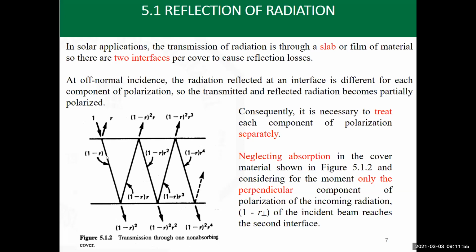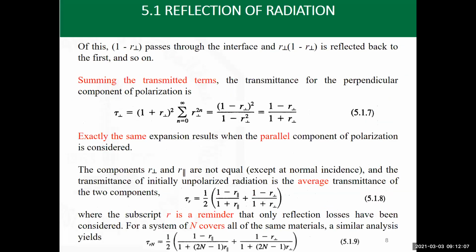We just assume that whatever is going from here to here is going to remain as 1 minus R. It will not be absorbed by the material of the glass itself. This is the assumption we are making here.